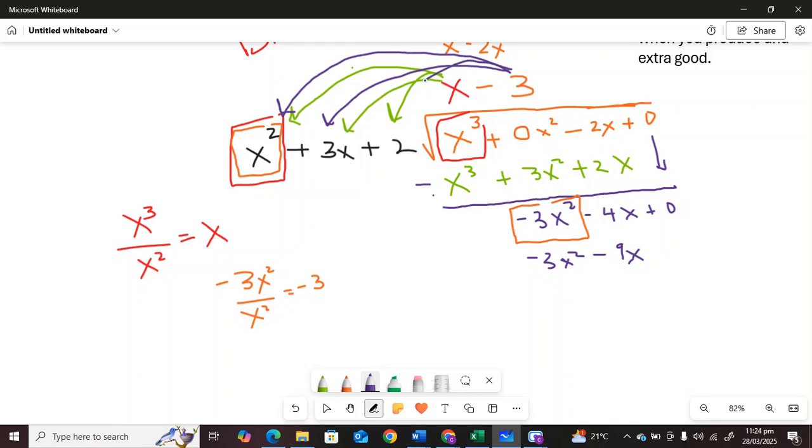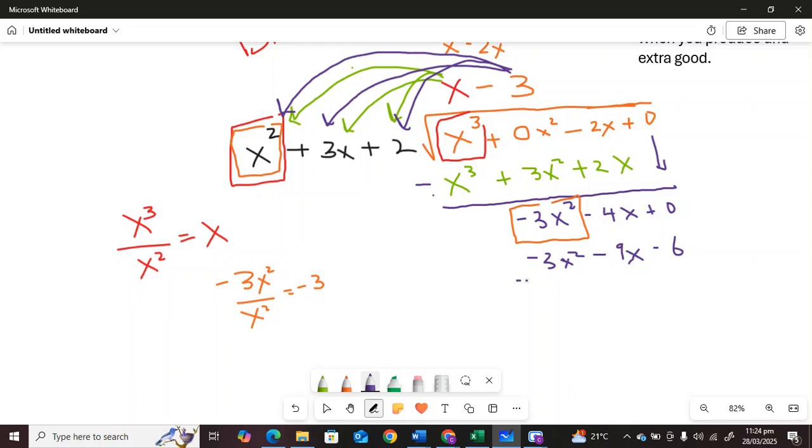Then negative 3 times 2, you get negative 6. And that's why this 0 was added here. Because eventually you're going to reach a point where there will be a number without any variables. So we've done the multiplication.